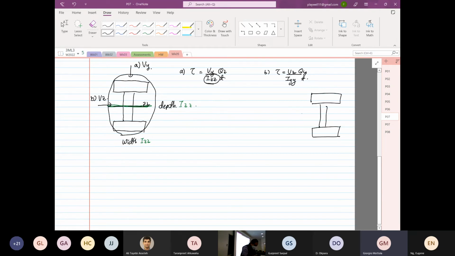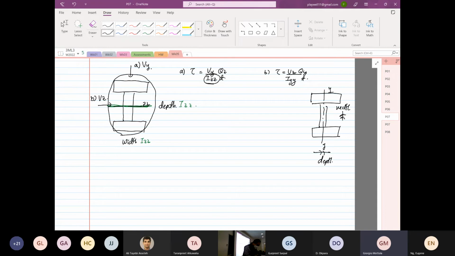So now we want to find Iyy. This is our width, and this is your depth. Again, you know exactly where your centroid is based on observation. Just a bit of a hint.